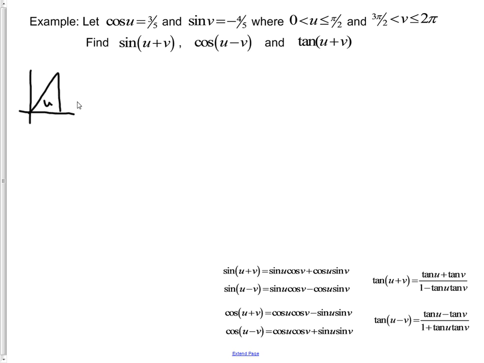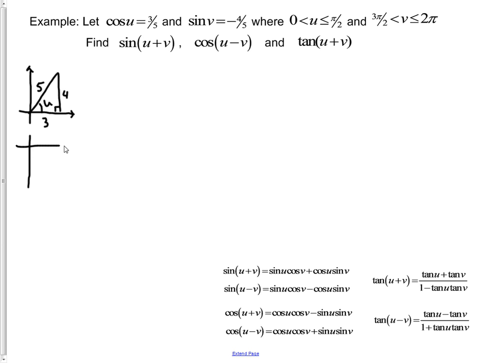Its cosine is 3/5, so my adjacent side is 3 and the hypotenuse is 5. Using the Pythagorean theorem, the opposite side would be 4. So for angle u, it's a 3, 4, 5 triangle with 4 being the opposite side. That's useful because we're also going to want to find the sine of u and the tangent of u in order to work these formulas.